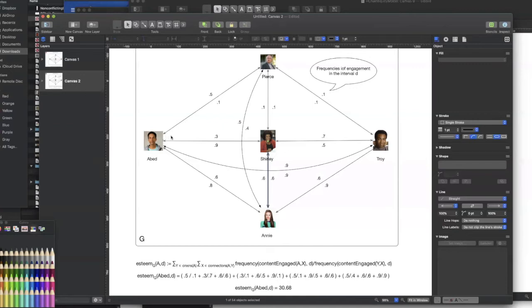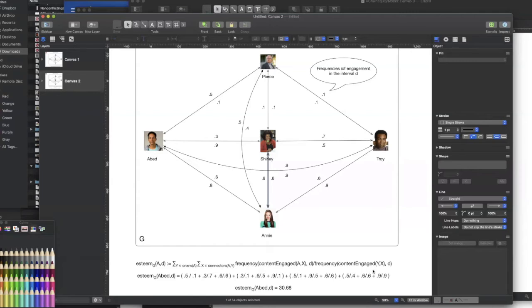Can you repeat that? Are those 2 numbers on each arrow in the respective directions? That's right. It's the relative engagement: how often Abed engages Pierce's content versus how often Pierce engages Abed's content in duration D. But the important thing, just before we get to that, is that there are 4 friends that Abed is connected to, so there should be 4 outer components.